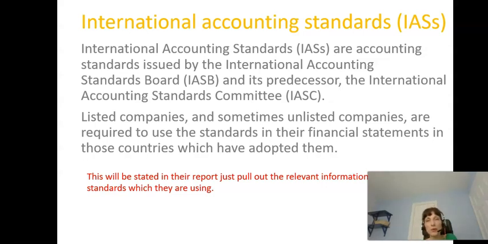What you want to check, the first thing, is which type of accounting standards they're being governed by. This will be in some blurb around governance. Have a check in terms of the financial statements, the standards which they're adhering to, and see what you can find about those. When you can check which ones they are adhering to, do a bit more research as to what they actually mean.